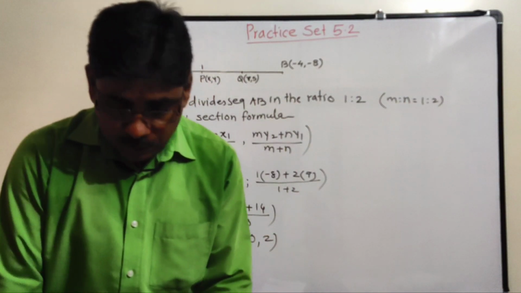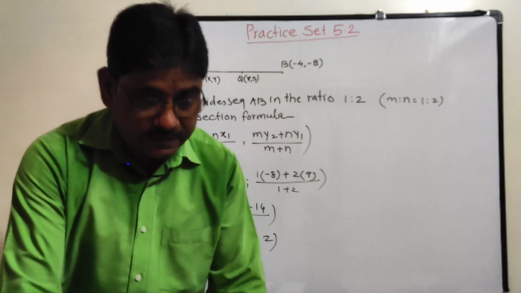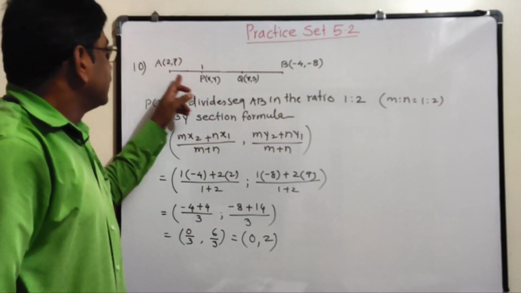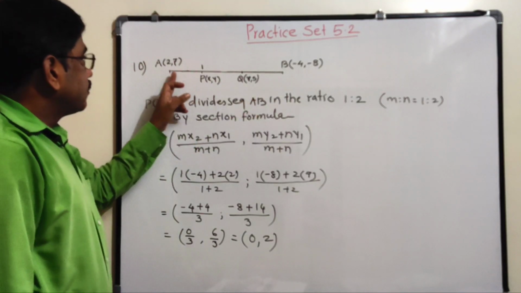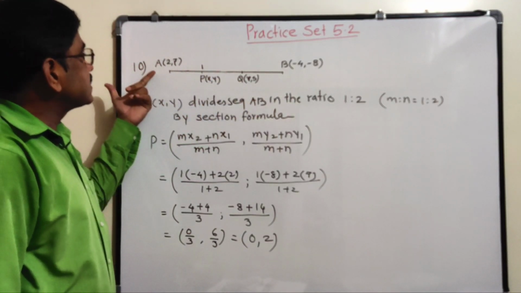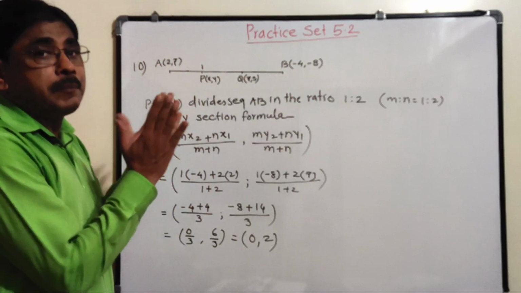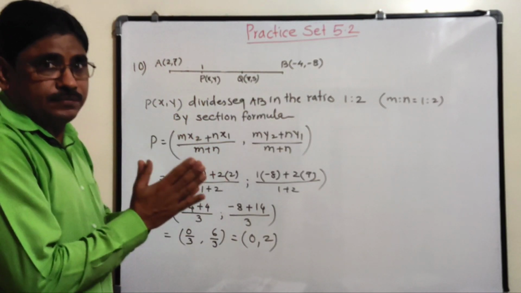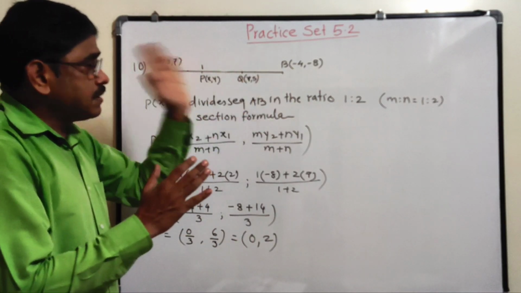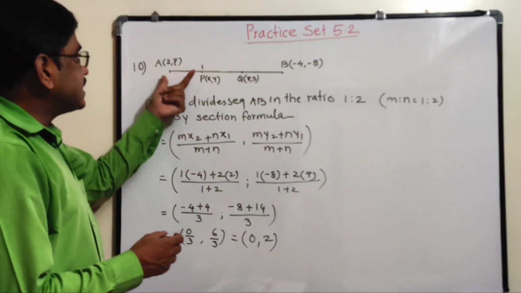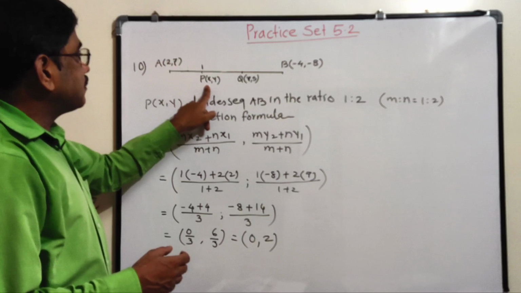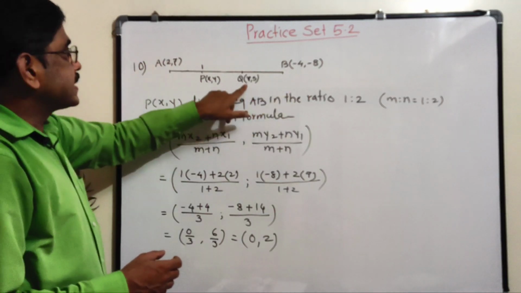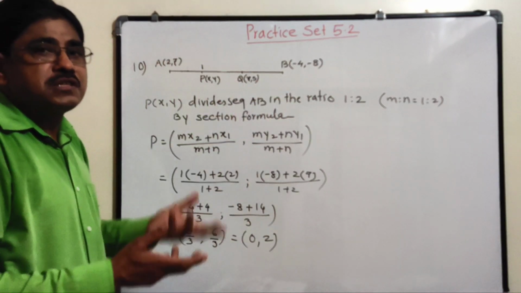So there are 2 points that divide that segment. Here we have to find the coordinates of P and Q. P and Q divide this AB into 3 parts, that is called trisection. So here this P divides in 1:2, and now if we see PB, Q is the midpoint of PB, so directly use the midpoint formula.